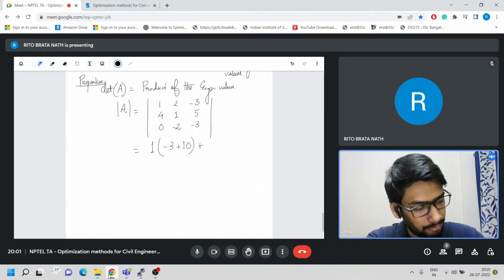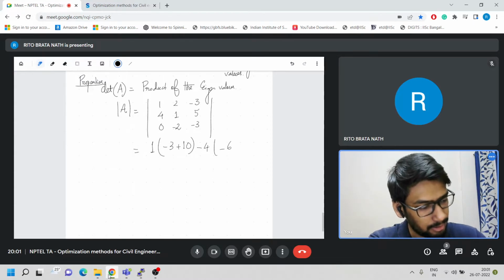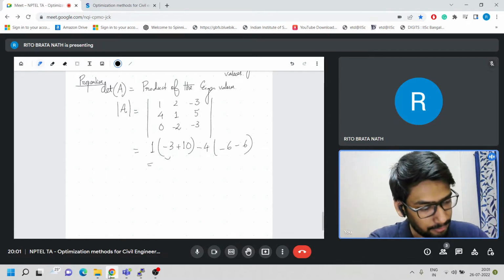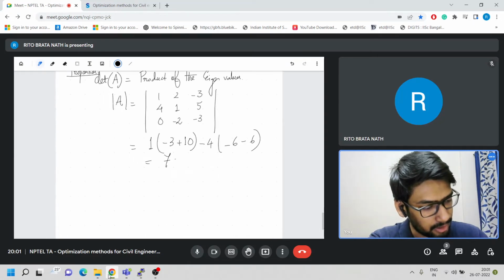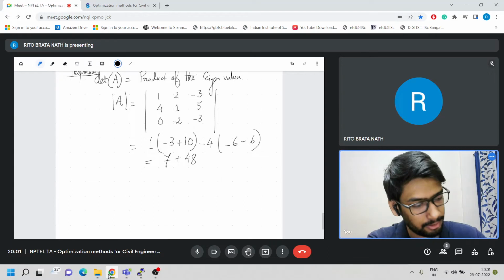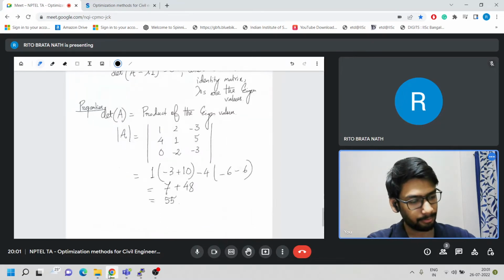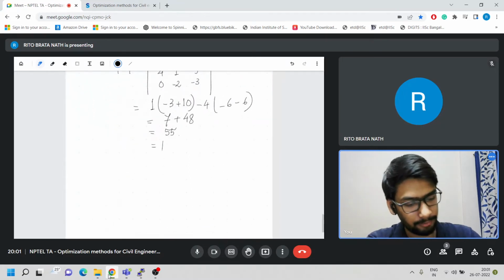Then if you expand this in terms of this 4, you will have minus 4. You delete this, so it's minus 6, something like that, as simple as that. So you will have 7 from this portion, and this evaluates to minus 12, then it's plus 48, and it's 55. So that will be your answer.